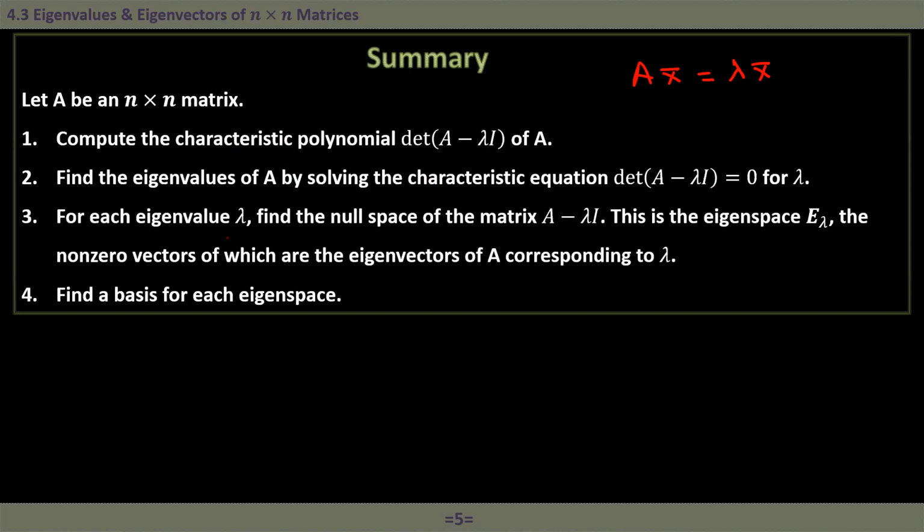For each eigenvalue lambda, we find the null space of the matrix A minus lambda I. This is the eigenspace E lambda, the non-zero vectors of which are the eigenvectors of A corresponding to lambda. After that, we find a basis for each eigenspace. So we have to go through these four steps to deal with an eigenvalue problem.